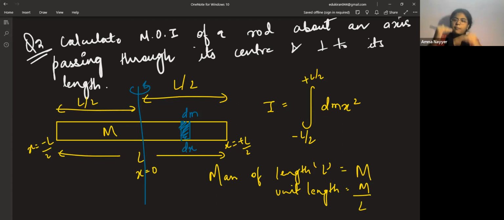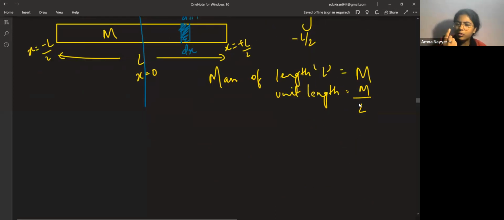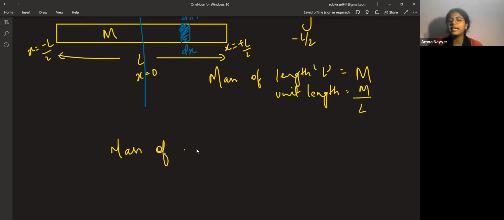Unit length, M by L. So for dx meter, it would be multiplied with dx. If you know the unit, you can find out for n number of times, right? So unit length mass is M by L, so the mass of dx length would be M by L into dx.